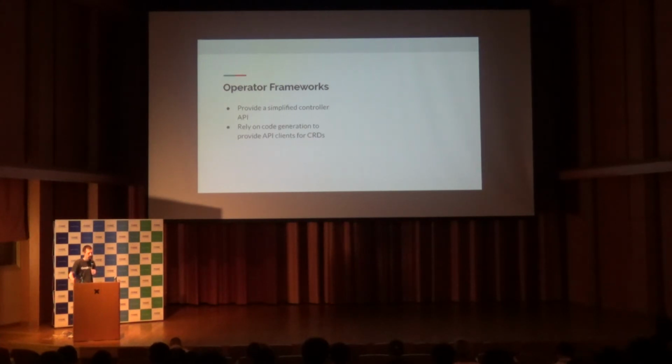Client Go provides a bunch of building blocks or tools that you can use, but it doesn't make it really obvious how to use those. And it also doesn't provide any way of avoiding a lot of the pitfalls that we'll talk a little bit about later. So what these do is they provide a very simplified controller API to help people avoid a lot of problems that happen with controllers, as well as generate and manage the code that you are going to generate for these applications.